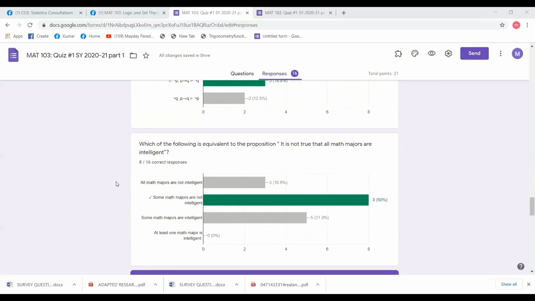If we negate all, we will have some. So it could be B, C, or D. Could be D, at least one. When you say at least one, you can also state that as some. So it could be B, C, and D.